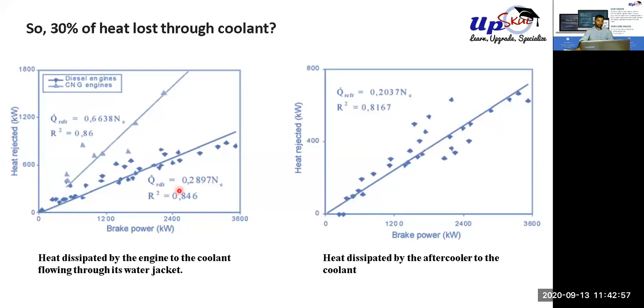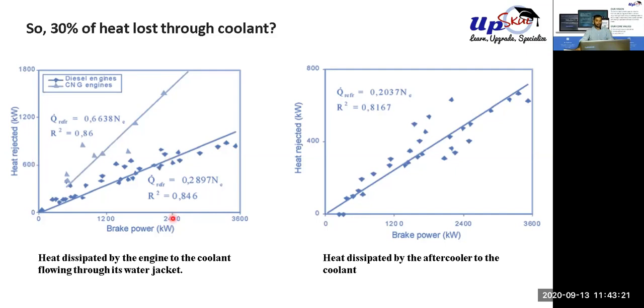For example, if we take this example at around 2400 brake horsepower, 2400 kilowatt, that is the brake horsepower. In this brake horsepower, we are rejecting almost 600 kilowatt of heat. So that means it is around 25%, less than 30%.